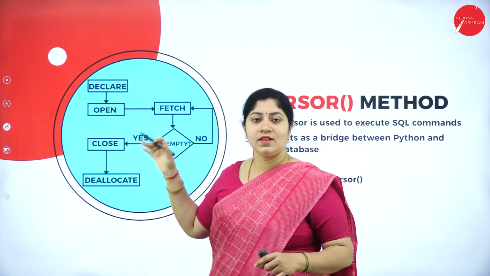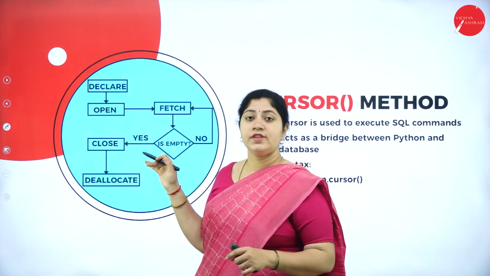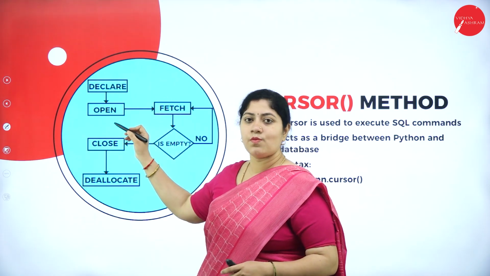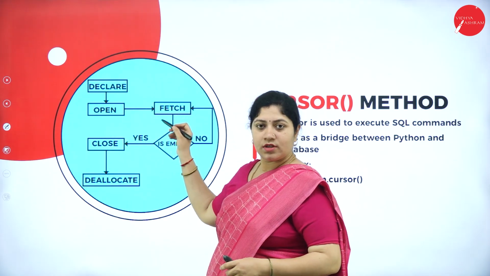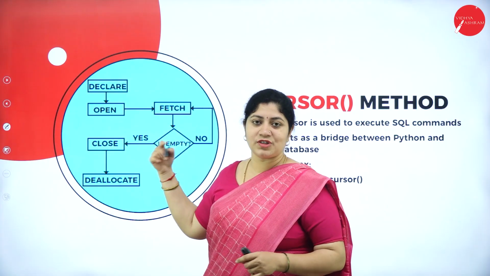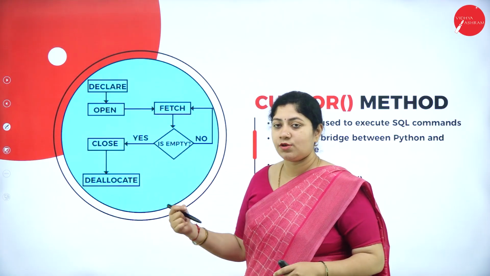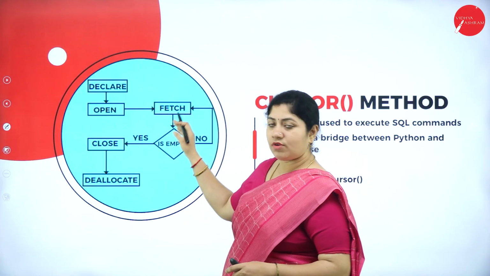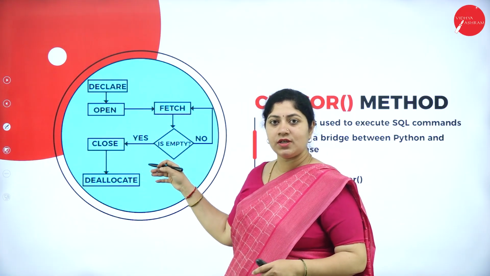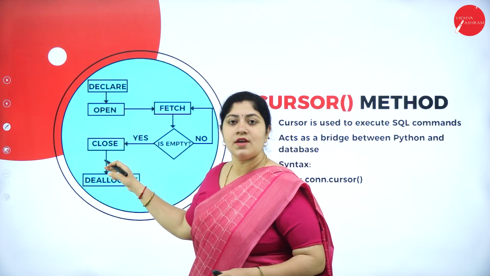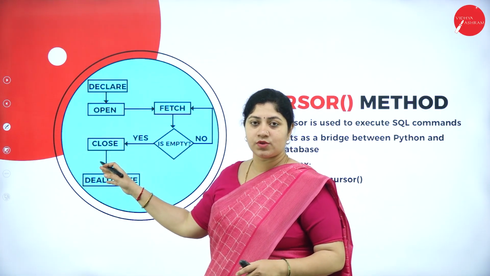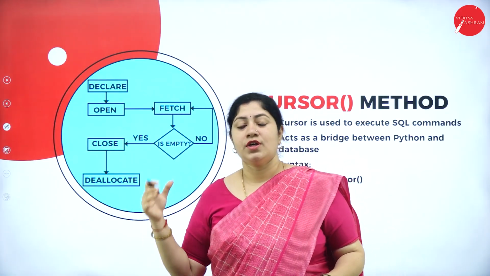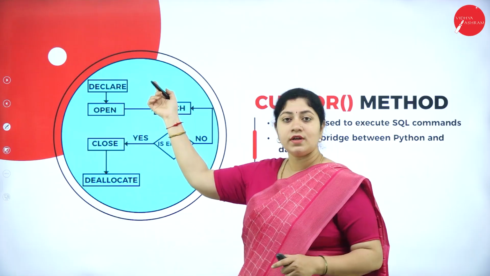The main thing with respect to cursor is that it is used to execute SQL commands, correct? It will verify whether a command is open, then go forward with fetching for the commands. If the command is not there, it will go on with further fetching. If a command is there, it will execute and close. Further, it will be deallocated to some other object. So this is a simple flow of the declaration.